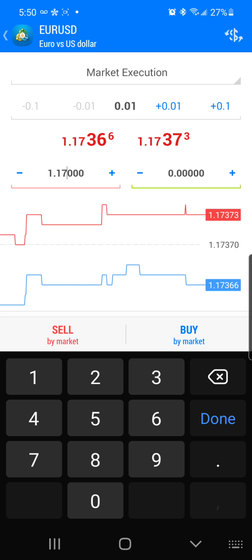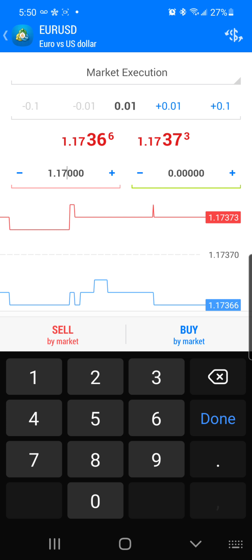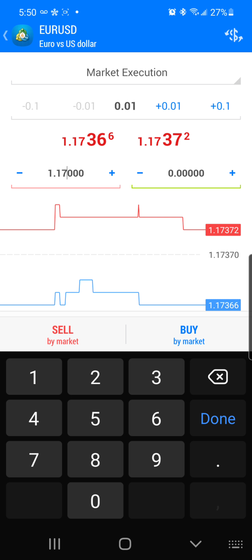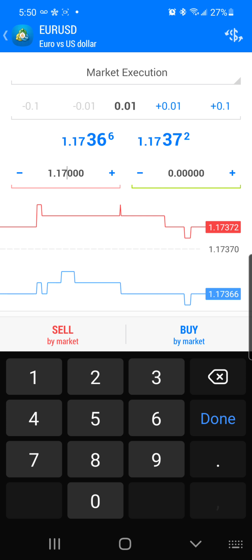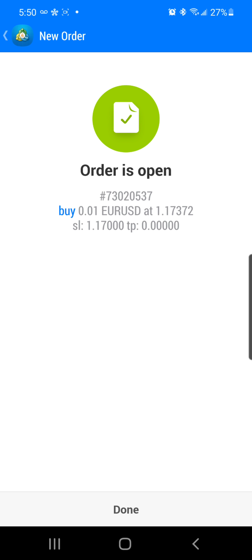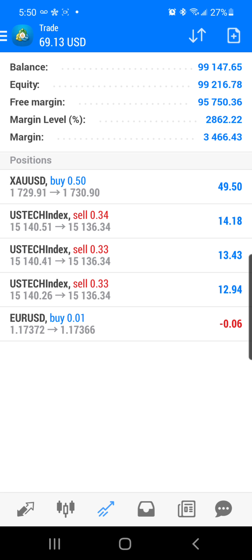Once you've picked the amount you want to risk, your stop loss and your take profit, you don't necessarily have to put these two in there. You can do it without them, but I always recommend putting one in so you can get in and out of the market. All you literally do from there is press either the buy or sell button, and when you do that, it places a trade for you. I put this one in as a buy, 10 cents a pip.